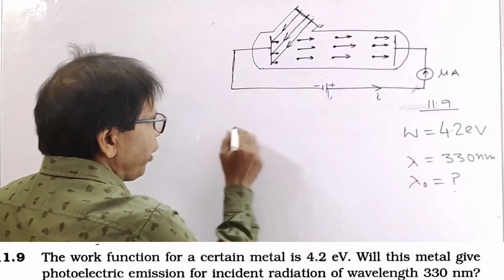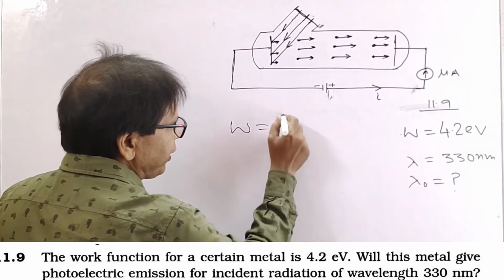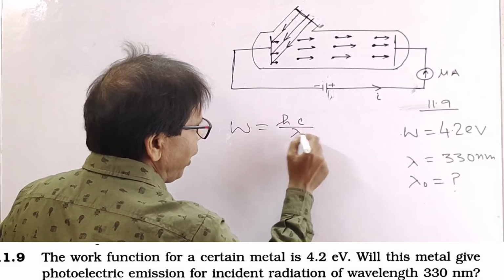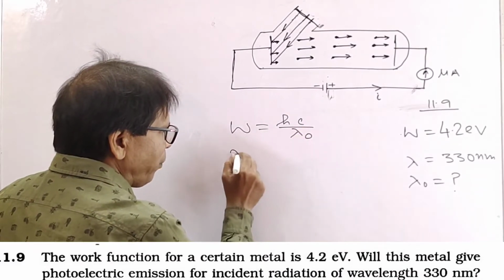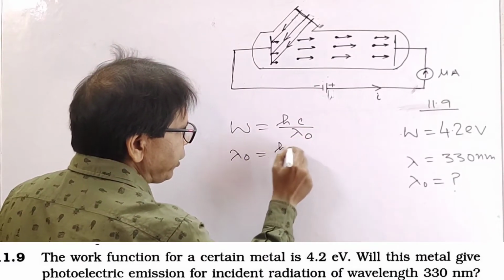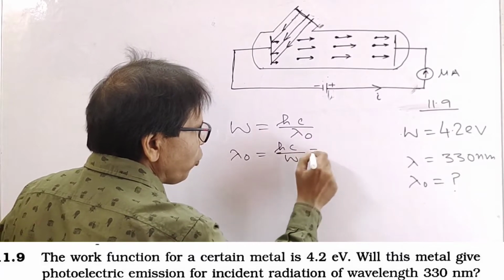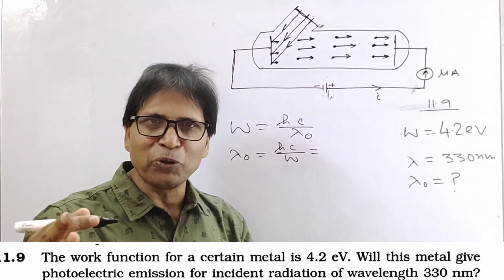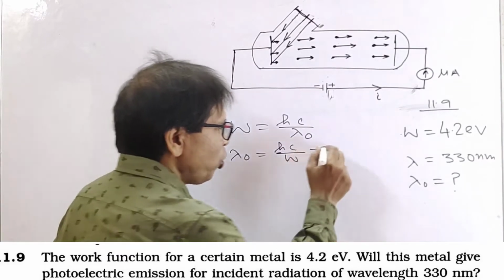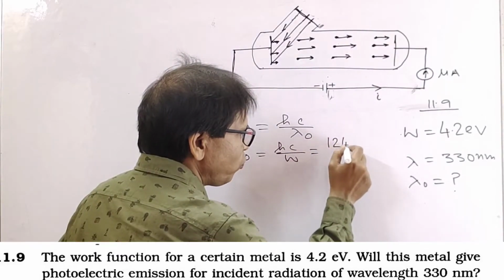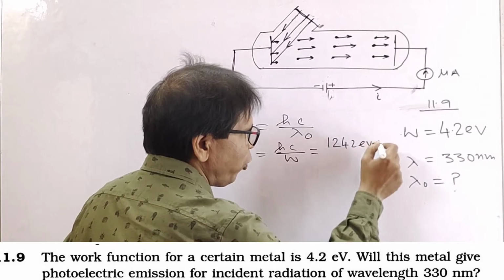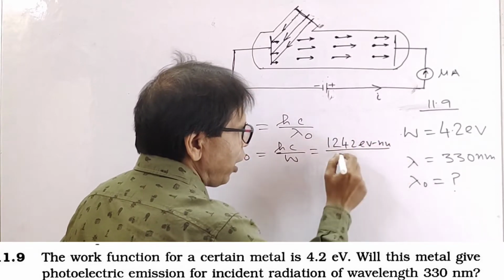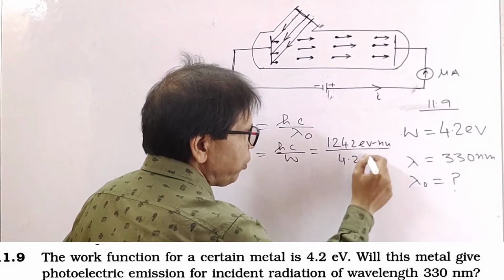We know W is equal to hc by lambda naught. Now lambda naught is equal to hc by W. Now the value of hc is equal to 1242 eV nanometer. So look at this, this is 1242 eV nanometer and this is 4.2 eV.